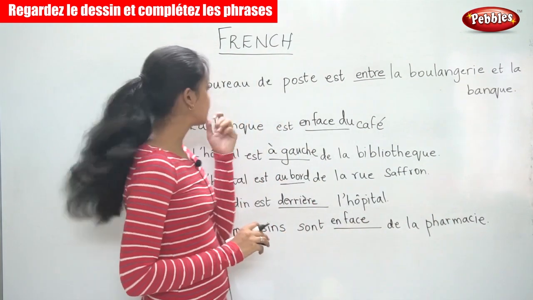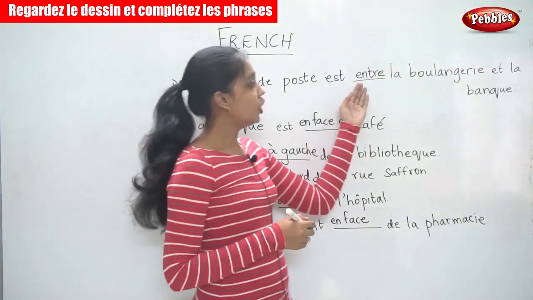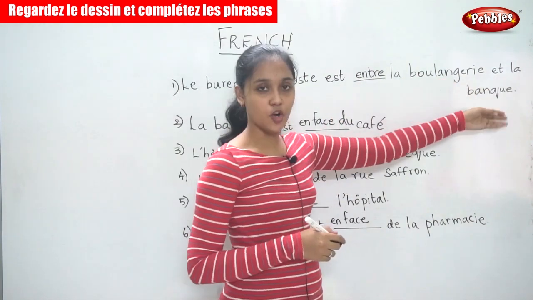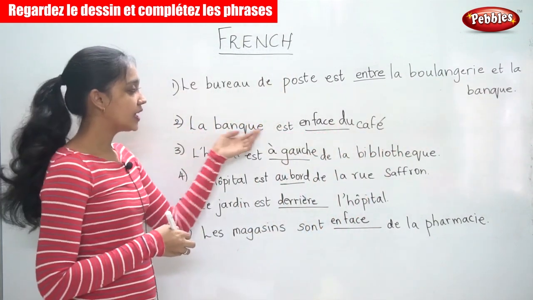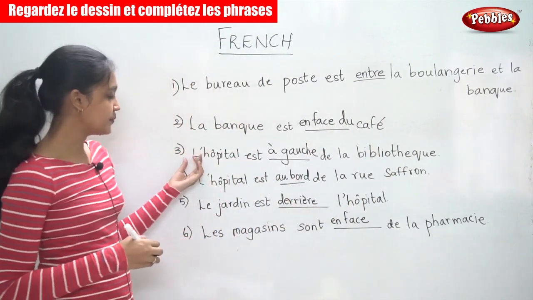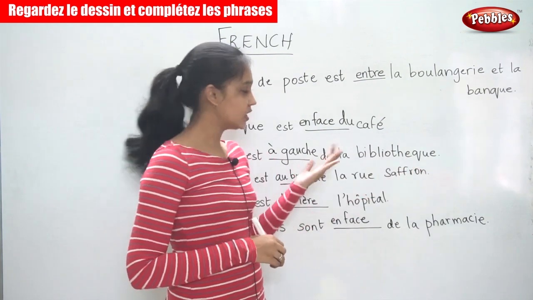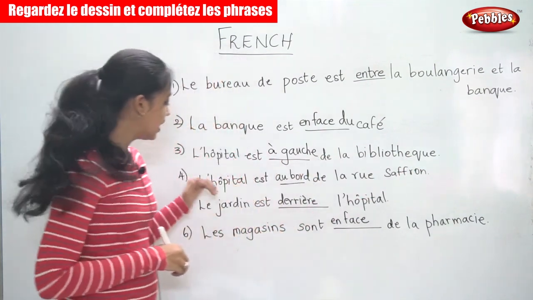So let us read these sentences once again. Le bureau de poste est entre la boulangerie et la banque. La banque est en face du café, facing the café. L'hôpital est à gauche de la bibliothèque, to the left.